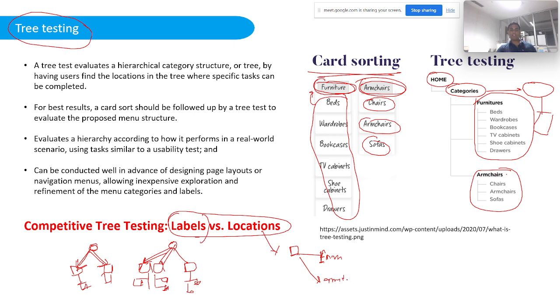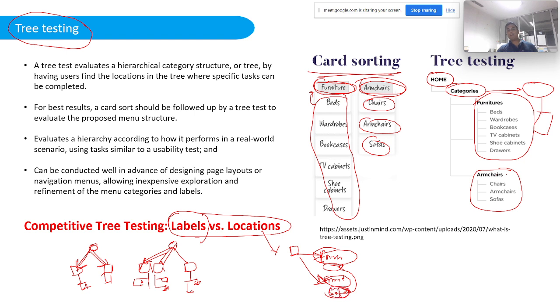Now, if we need to check the location of sofa, whether it should go to furniture or armchair, we do not have to compare two different trees, because this is within the same tree, and we can identify the best possible location of this particular sub level by getting information from the number of user clicks that happen for searching for this particular item.